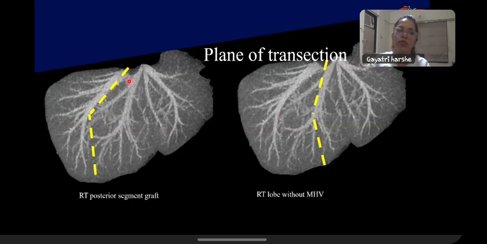Then comes how we translate the planes. If it is a right posterior segment graft, the graft will be this particular area, and this is the right hepatic vein. As I said, how the hepatic veins are formed is very important.